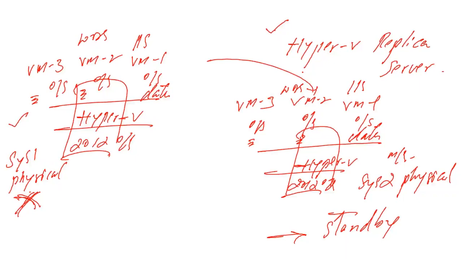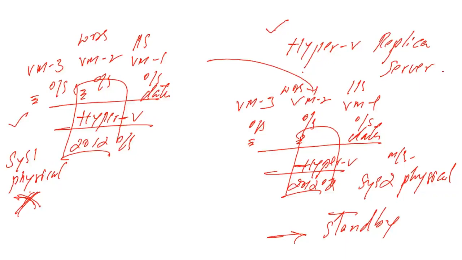So please write down: in system 1 server, install the Hyper-V service and create the virtual machines VM1 and VM2. And already we know how to install the Hyper-V service and how to create the virtual machines.